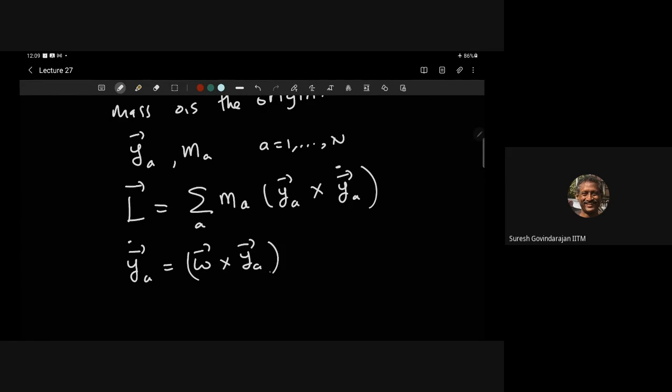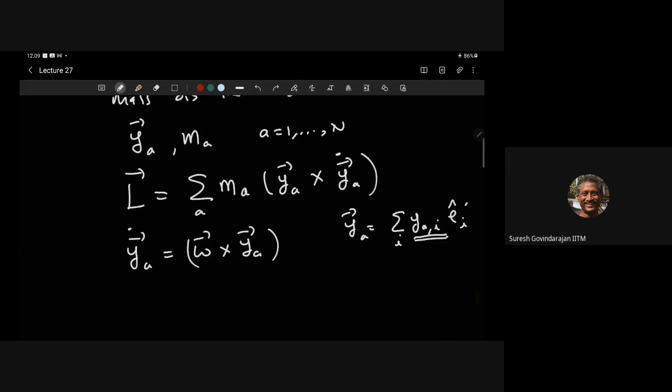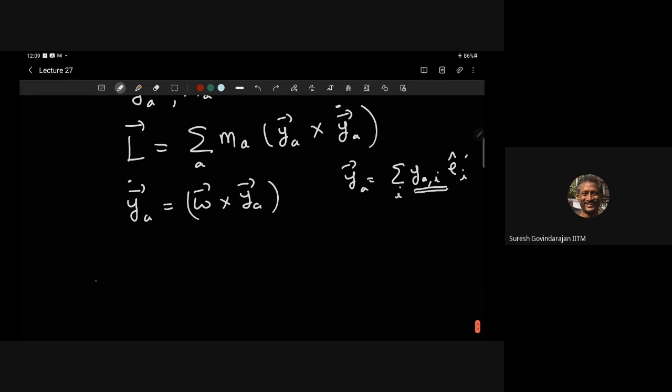That is because in the center of mass frame, the coefficients are fixed numbers, so when you take derivatives, the only contribution comes from taking the derivative on the basis vectors. So we can plug this in, and it implies L is equal to the summation over a of m_a y_a cross omega cross y_a.